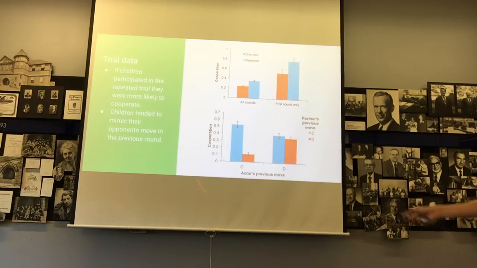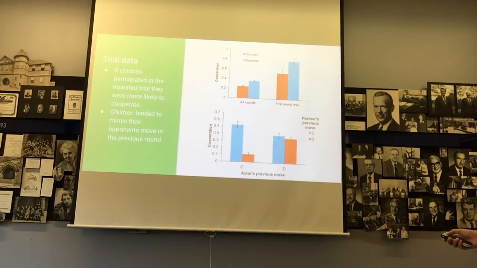And this bottom graph is showing what happened when their opponent chose to cooperate in the previous round. The blue bar is showing when their opponent cooperated last round. The red bar is showing when their opponent defected the previous round. And down here, C or D is whether they cooperated or defected.